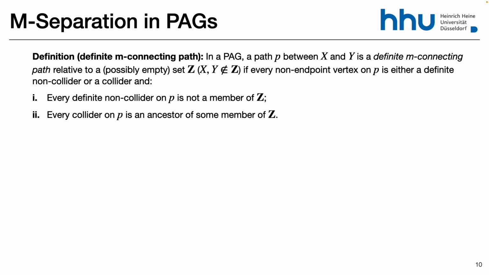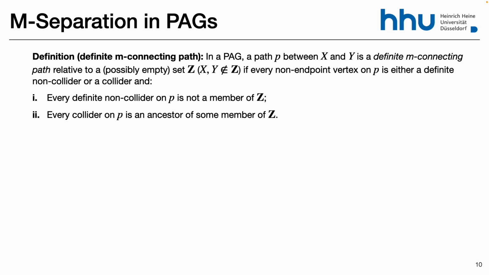A collider is always definite. Okay, so all the triplets in this path have to have a definite status. And then we are going to define it as an M-connecting path if every definite non-collider on P is not a member of Z. So that's the same as d-separation, right?